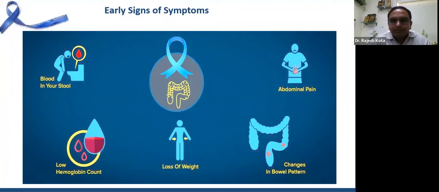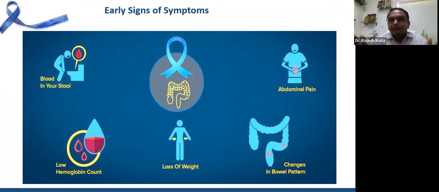People complain of abdominal pain or abdominal bloating sensation. Again, this is a vague symptom. Not all patients with abdominal pain or bloating sensation have colon or rectal cancers. There are a lot of reasons for people to have this abdominal pain.